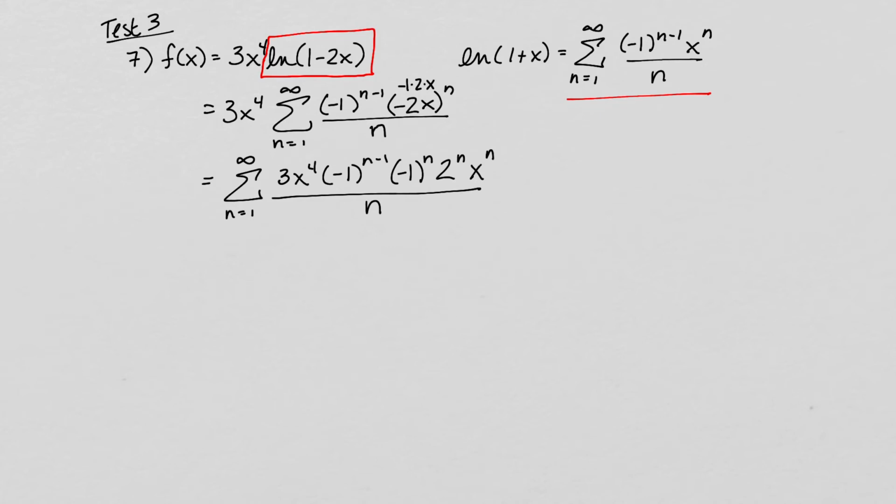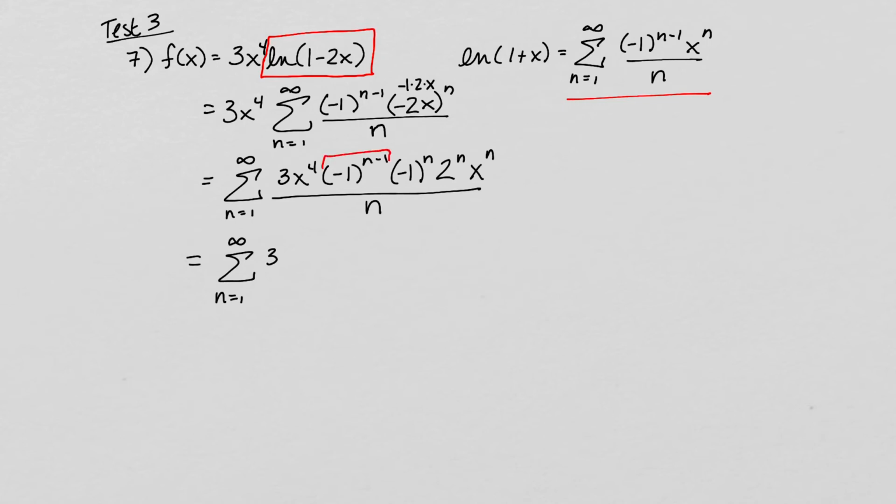Okay, so now I'm going to put together things that I can. So we're going to have the summation n equals 1 to infinity. Okay, 3, I cannot multiply 3 times anything. You can't multiply this 3 and the 2 to the n, because the 2 is to the n power and the 3 is not. So the 3 just has to stay. I could put together my two negative 1's, right?